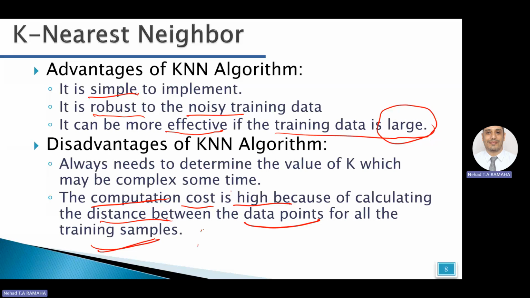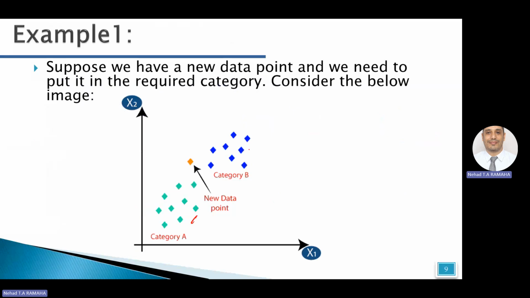This is the idea. We have category A, we have category B, then we have a new data point. Does it belong to category B or category A? Actually, it depends on K, the value of K. If we set the value of K to 4, for example, then it's almost not possible to classify.